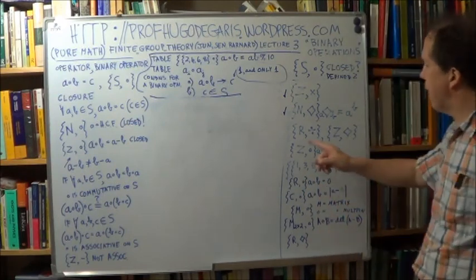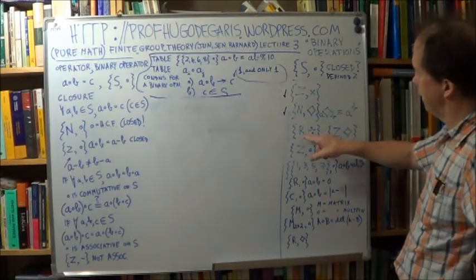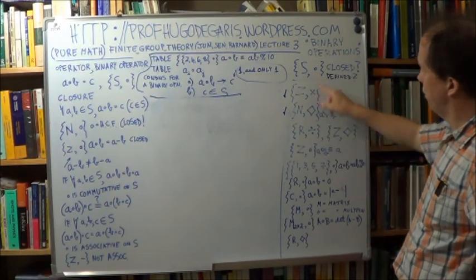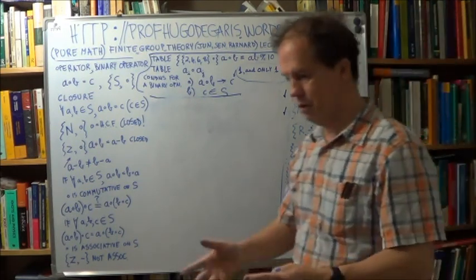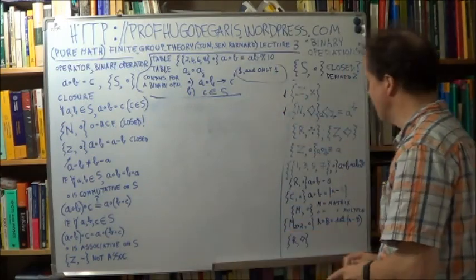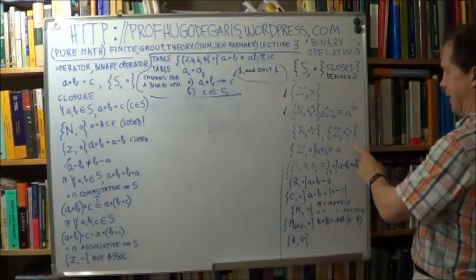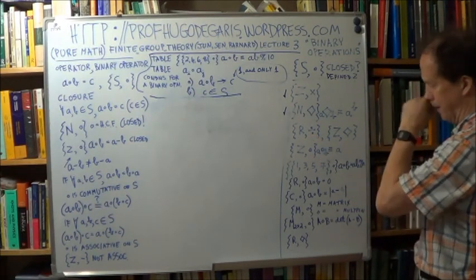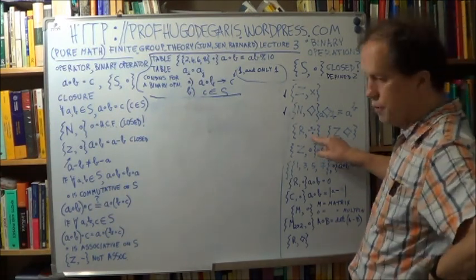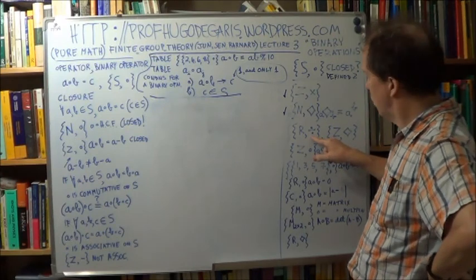Right, third one. The set now is a set of reals. The operator is division. And now, division, so you have to take two elements. Can you get a result for all cases?